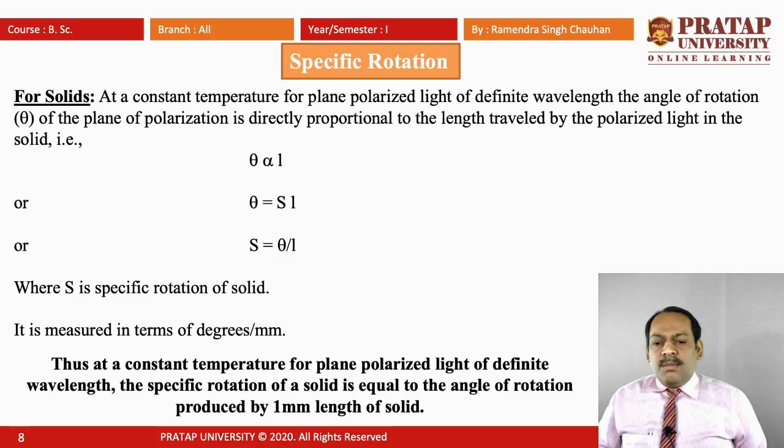Thus, at a constant temperature for plane polarized light of definite wavelength, the specific rotation of a solid is equal to the angle of rotation produced by 1 mm length of solid. So we can define specific rotation S for solids as the angle of rotation when light passes through 1 mm length of the solid.